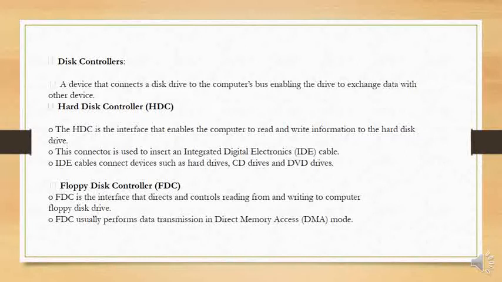So to transfer the data from the disk drive to the bus, there is a need for a connecting device. That device is the disk controller. A disk controller connects a disk drive to the computer's bus, enabling the drive to exchange data with other devices.